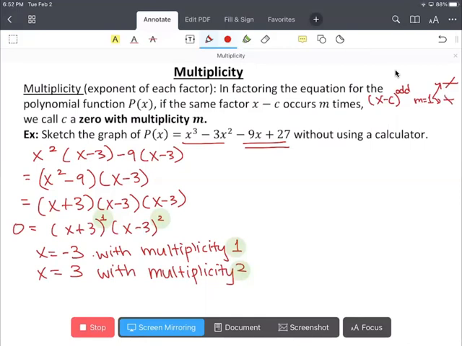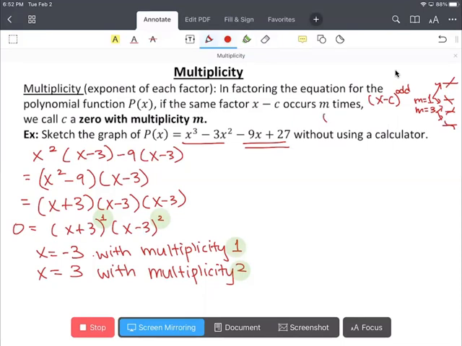If m equals 3, 5, and so on, then the rough sketch will look like either this or like this. You will have a flatter graph near the x-axis.